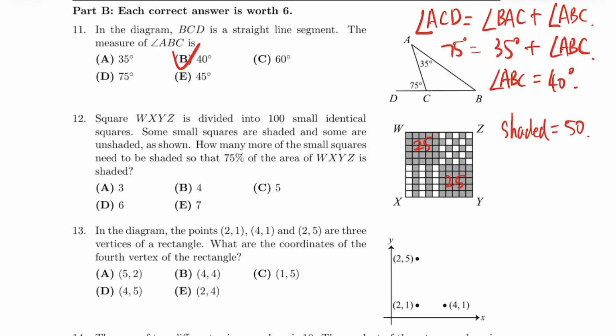And for this part, each of the squares are shaded. We can count it: 1, 2, 3, 4, 5, 6, 7, 8, 9, 10, 11, 12.